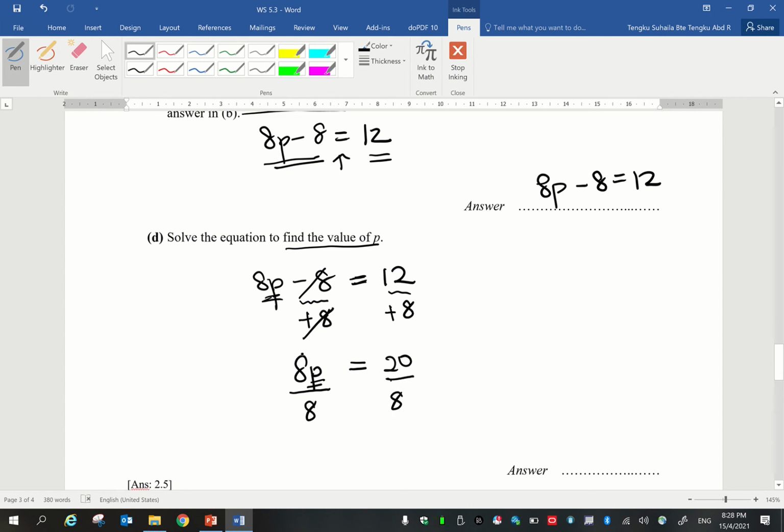So 8 divided by 8 gives 1, which is what I want. Just 1p, not 8p, equals 20 divided by 8, which is 2.5. So we found the value of p already, ladies and gentlemen. p is equal to 2.5. Done. Thank you, everyone.